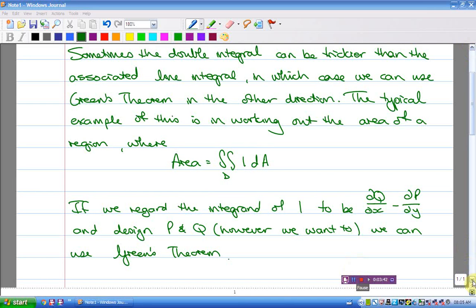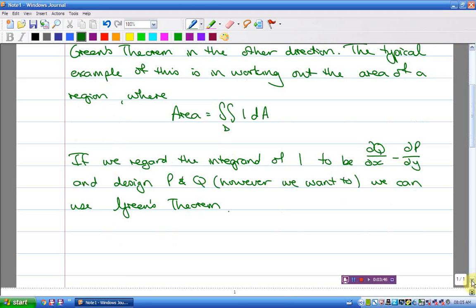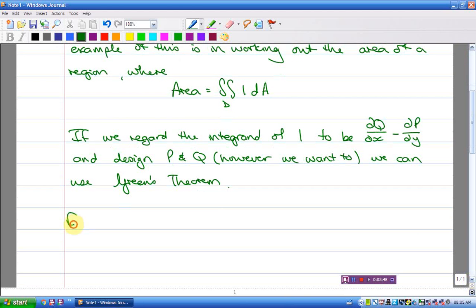So here are some examples of what I mean by designing P and Q. For instance, what if Q equals x and P equals 0? Then dQ/dx minus dP/dy will be 1. Or what if P is minus y and Q is 0?